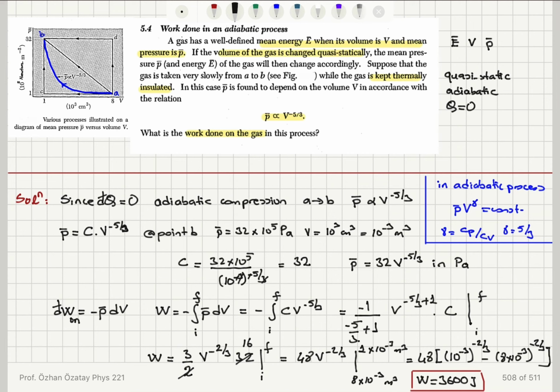If I multiply by C, this 32 here, and evaluate it between initial and final volumes, the answer is 3600 joules.